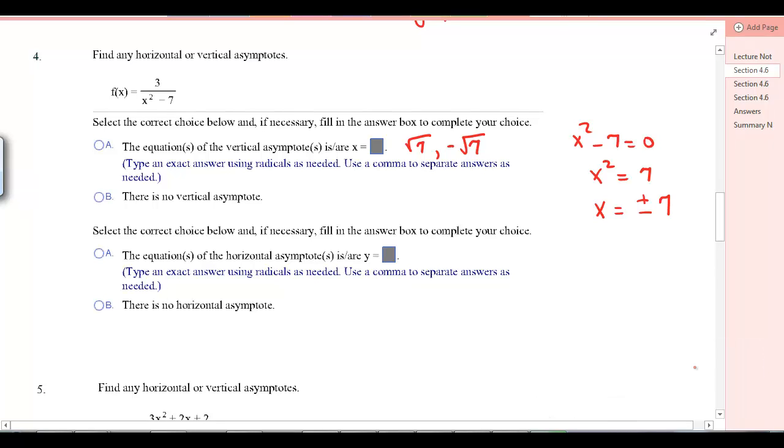All right, let's do the horizontal. The degree of the top is 0. The degree of the bottom is 2, so n is less than m, and remember that makes it y equal to 0.